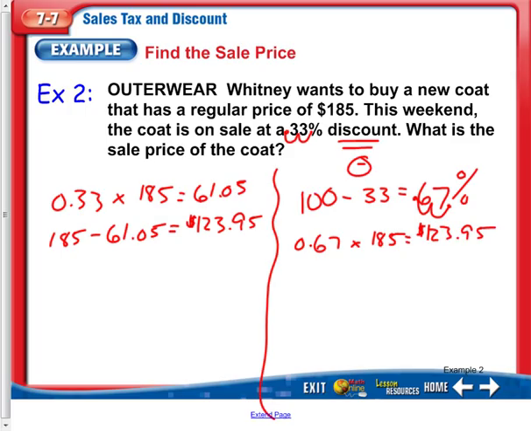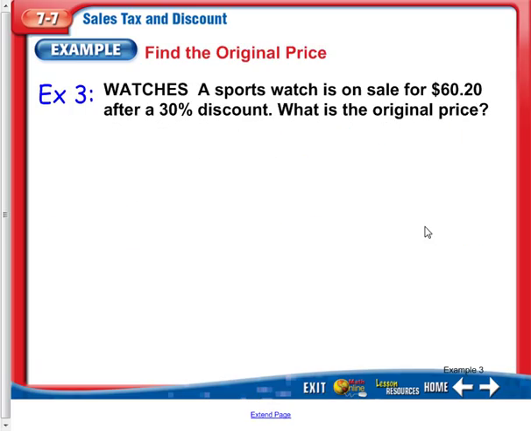either way. So for example 3, a sports watch is on sale for $60.20 after a 30% discount. So what is the original price? Okay, so for this problem, we're going to need to take a look at this, and we think this is actually the sale price.